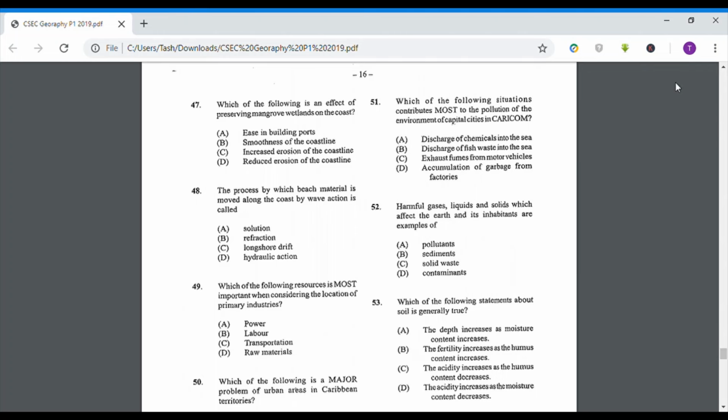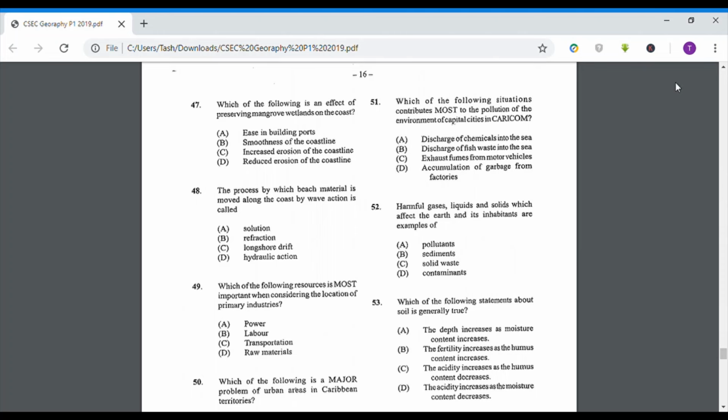C, exhaust fumes from motor vehicles. If you look around any city that you're in, specifically CARICOM cities, the buildings are tall, not much air is able to pass through, there's a lot of traffic. Most cities or central business districts are characterized by traffic and, in essence, air pollution.